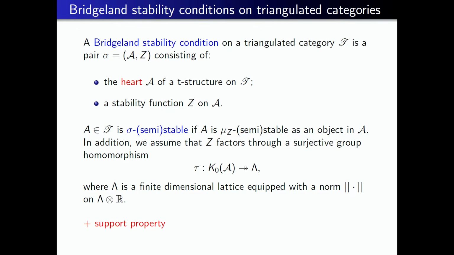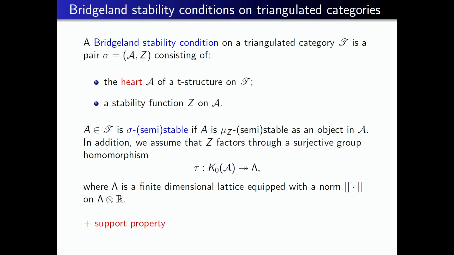A Bridgeland stability condition is a generalization of this notion of stability for abelian categories to triangulated categories. Never mind too much what a triangulated category is. It's just some other crazy type of category that contains triangles in it, right? Because it's a triangulated category, so it has to do something with triangles.